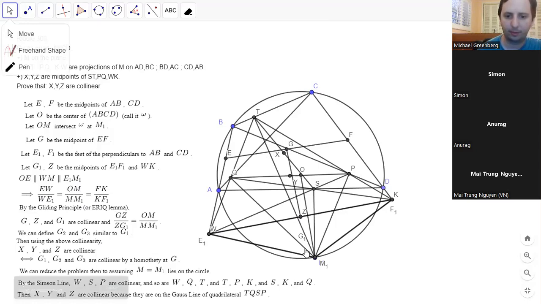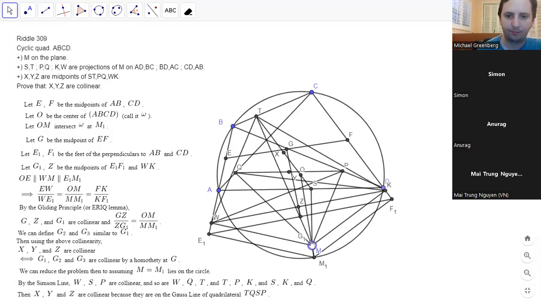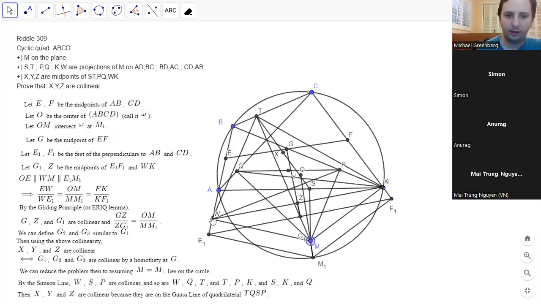So for example, I'm going to temporarily move M. EW over WE1 is FK over KF1. And if you go halfway, halfway, and halfway, then there's a theorem that says that these will also be collinear and the ratio will be the same as those ratios.